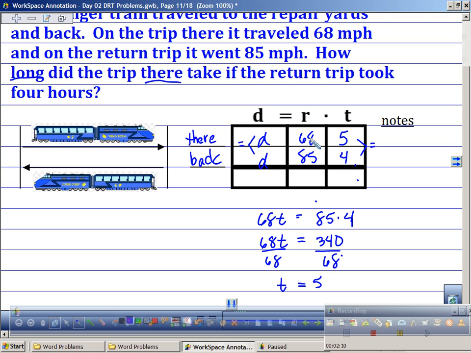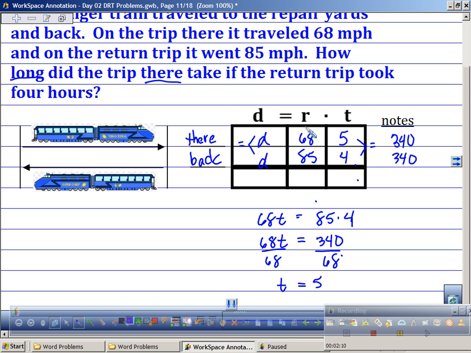But tell me, if you're driving at 68 miles for every hour you drive, how far did you drive for 5 hours? 68 times 5 is what? 340. And what's 85 times 4? So don't these equal each other, no matter what? They still equal each other. Okay, I get it. Do you see it?